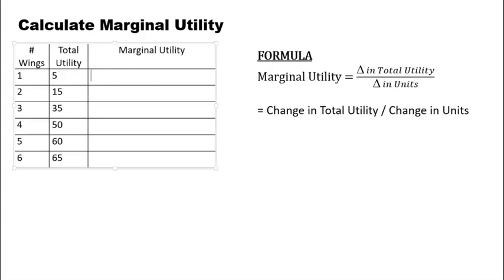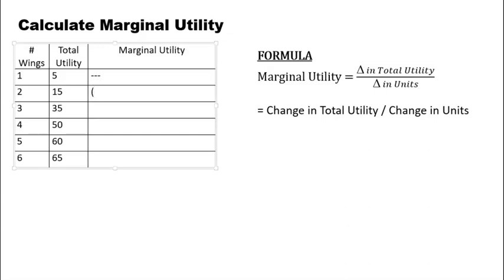So we have nothing to compare it to. So what I like to do is just put a couple of dashes or a line in there so I know that there is nothing to calculate there. So then we move on to 2 wings consumed with a total utility of 15. So we've increased by 1 wing and 10 units of total utility. So how do you figure that out?